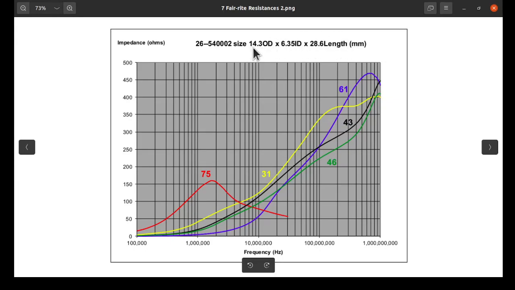These are in millimeters, so that's about half an inch by a quarter inch by 1 inch in length. So it's a small core. Inner diameter is 6 millimeters. So let's see, that's about a quarter inch. That's roughly the size of an RG58 cable, I would suspect.